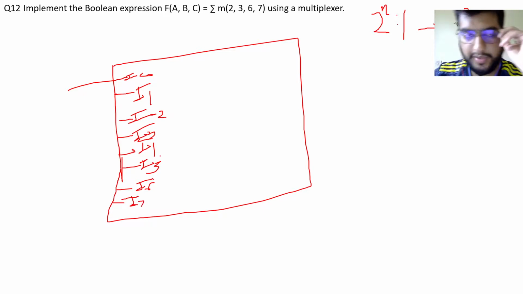You know that for an 8 cross 1 multiplexer, we have 3 select lines. Those 3 select lines will be connected to the inputs A, B, and C.